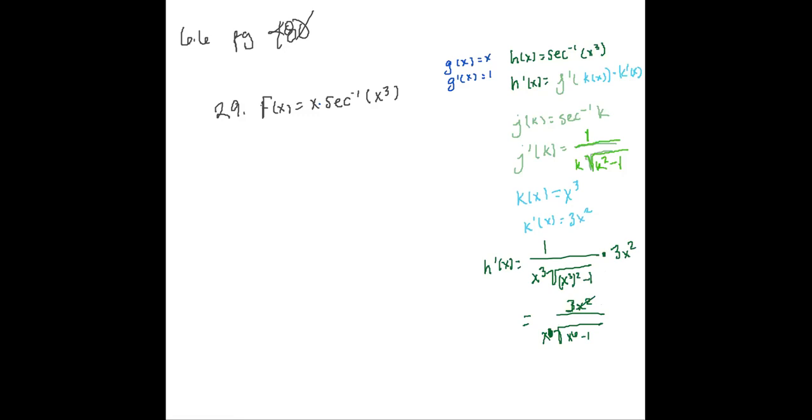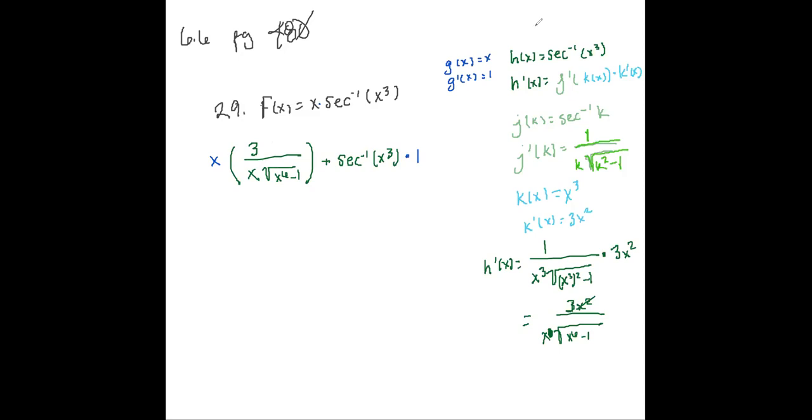Okie doke. So, kind of grody. We get to put this together. We get to say that this is g times h prime. So that's x times 3 over x root x to the 6 minus 1 plus our original h, which is the inverse secant of x cubed, times g prime, which is 1.